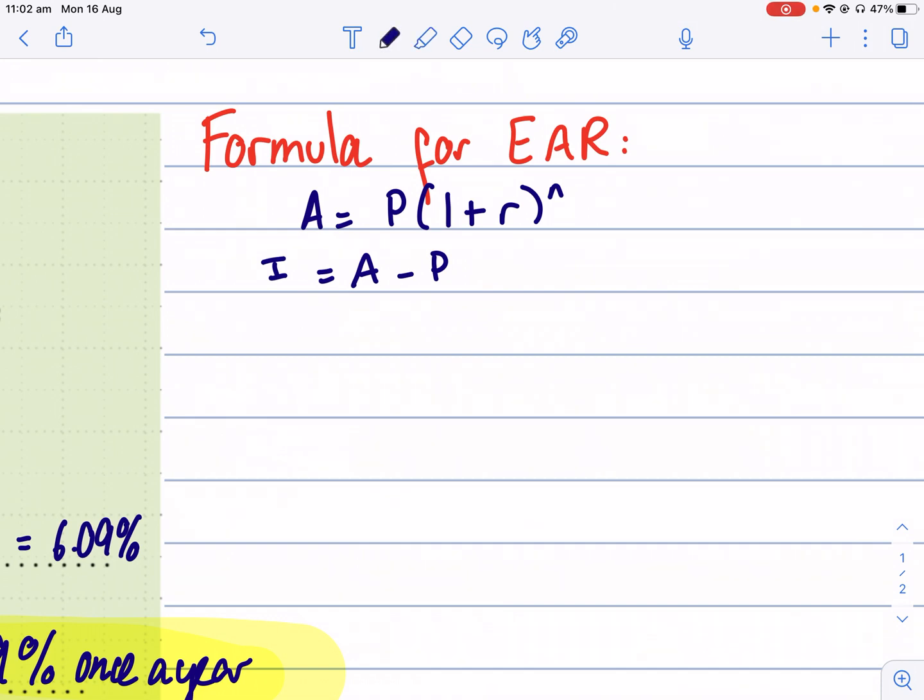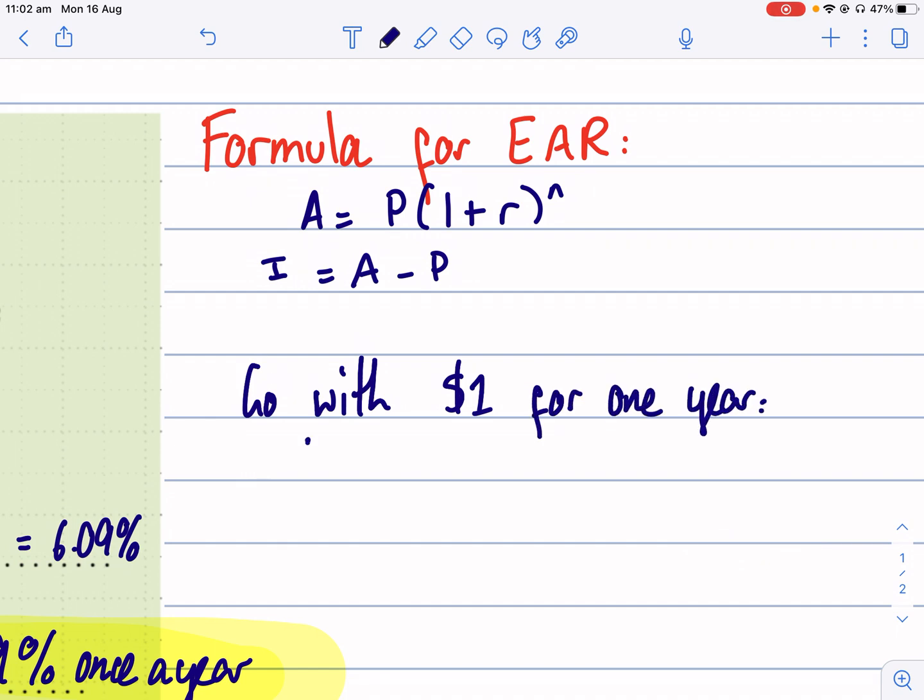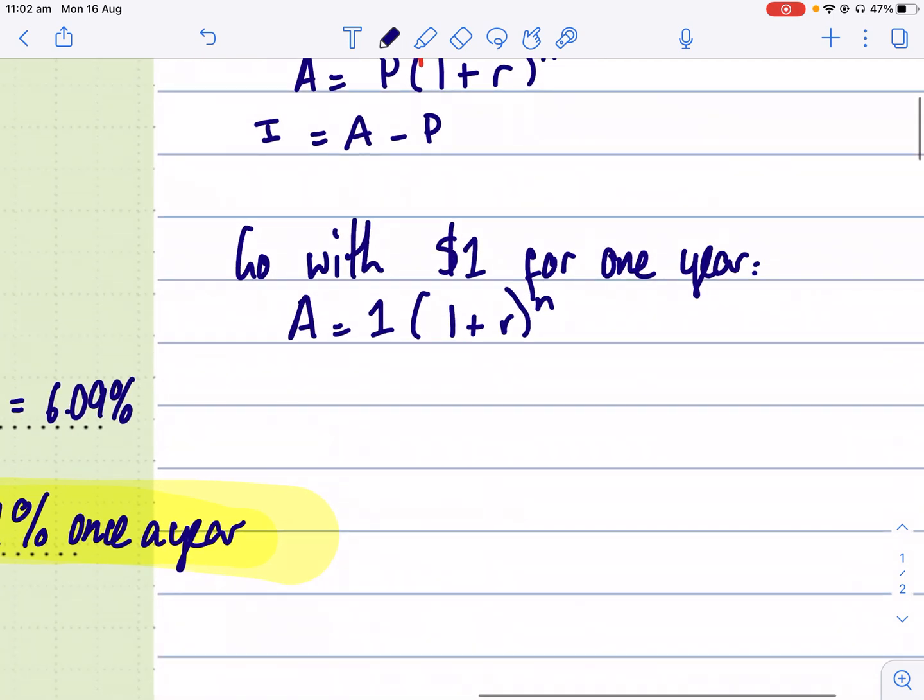So we just go with how much you would get from investing $1 for 1 year. So here my A is 1 outside of P plus our new interest rate to our new number of compounding periods.